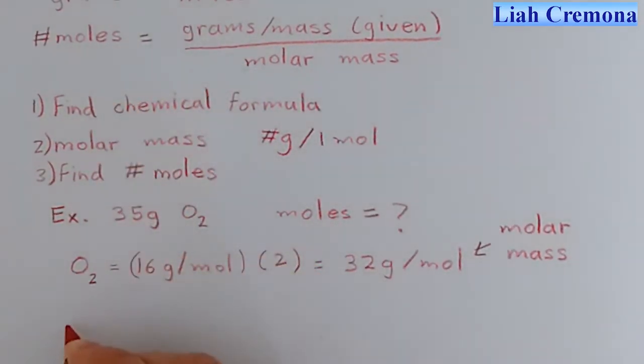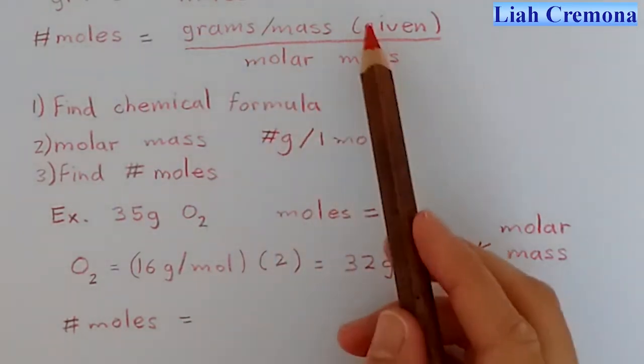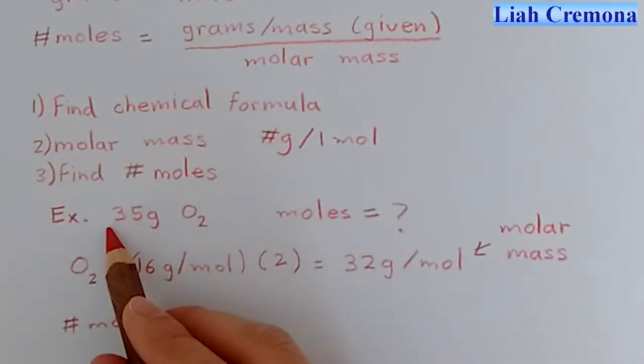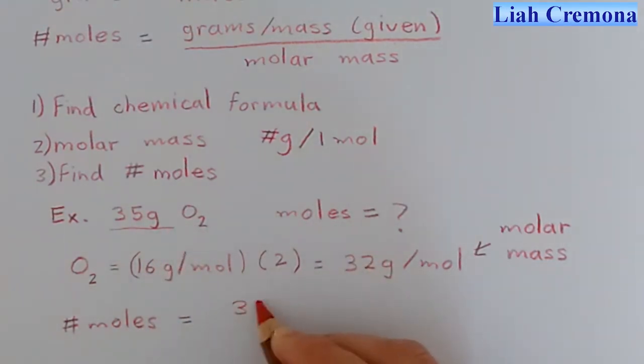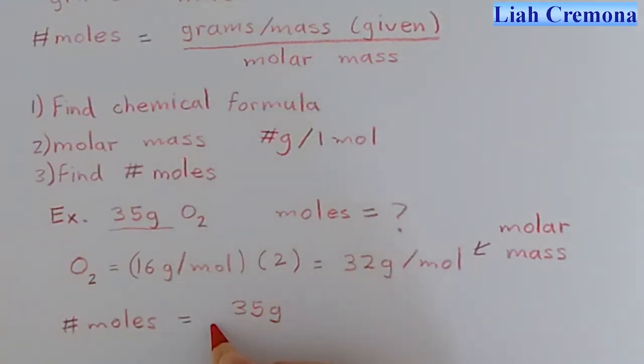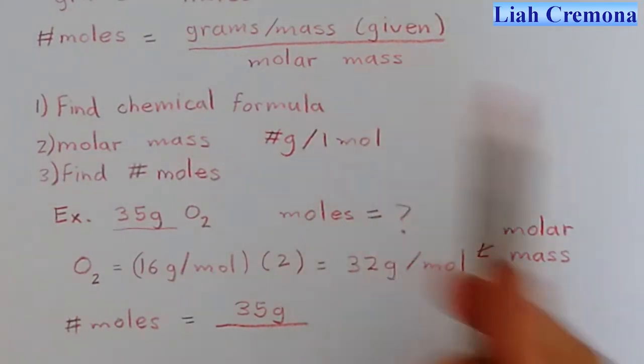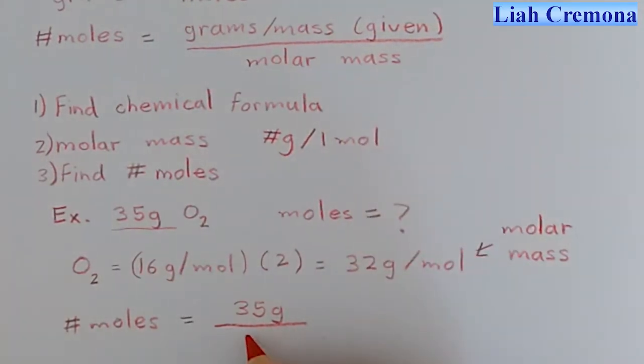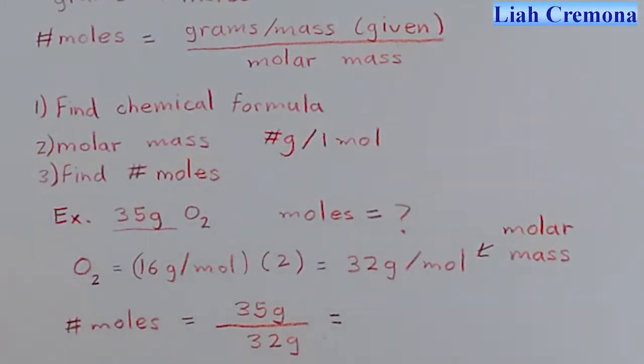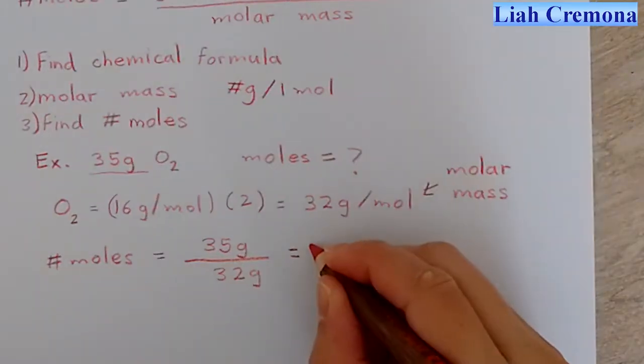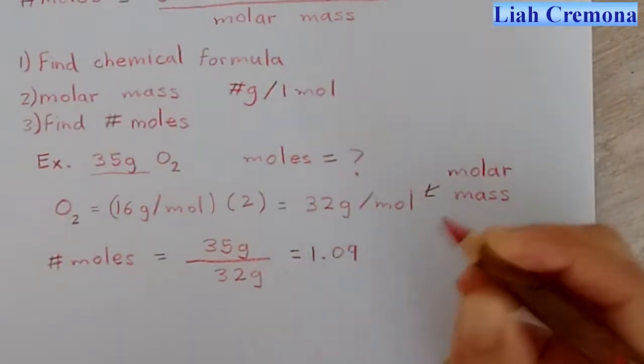The number of moles is equal to the grams that were given in the question, so 35 grams, divided by the molar mass, which is right here, 32. So 35 divided by 32 is 1.09 moles.